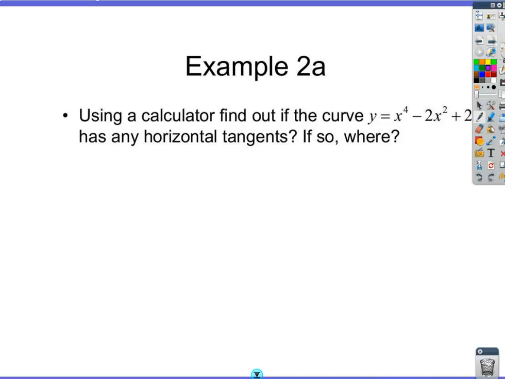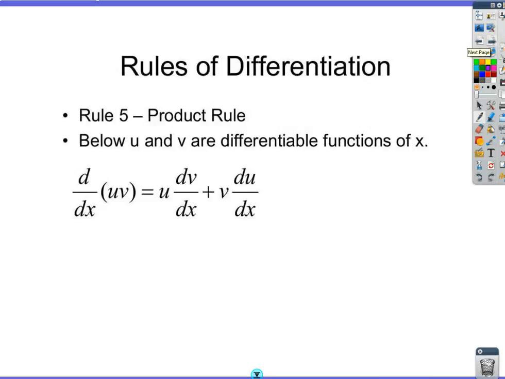Last example. Last rule. So we're going to have something called the product rule. Now this is going to be interesting. Again, u and v are both functions.